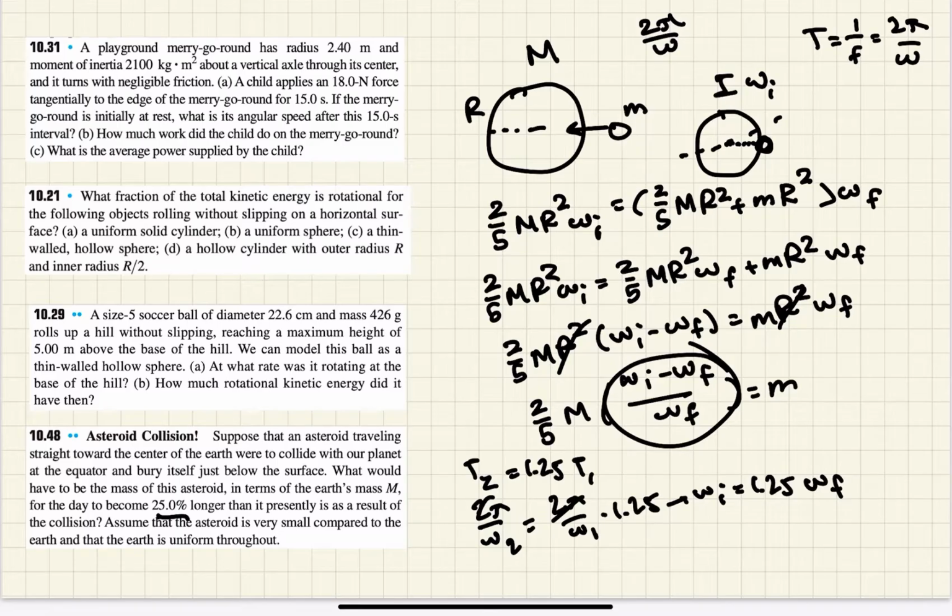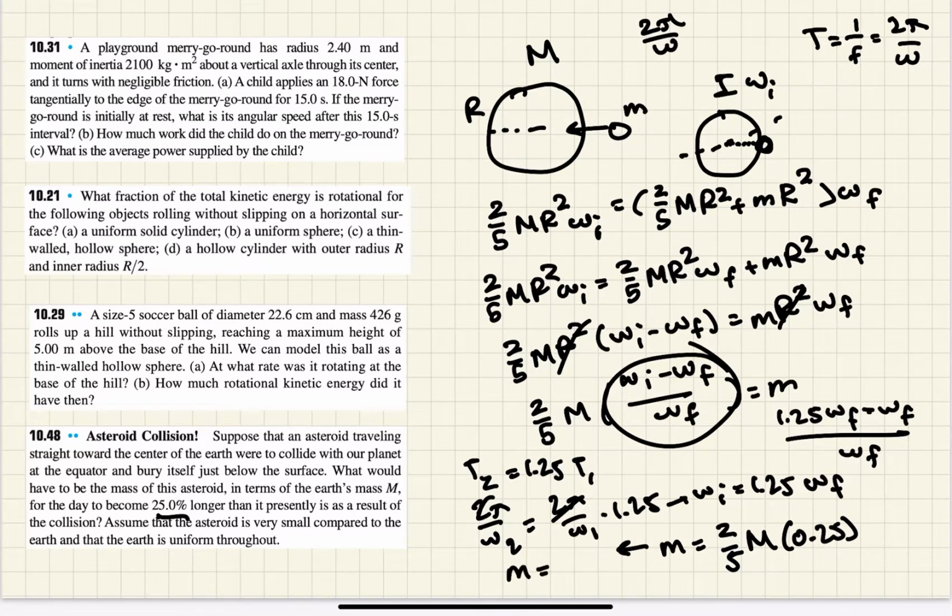And so plugging it back in here, 1.25 omega final minus omega final over omega final is just 0.25 omega final over omega final, which cancels out. We're left with 0.25. So our final equation is lowercase m equal to 2/5 times the uppercase M times 0.25, or 1/4. And so lowercase m is going to be equal to 2/5 times 0.25, which is just 0.1 or 1/10, times the uppercase M.